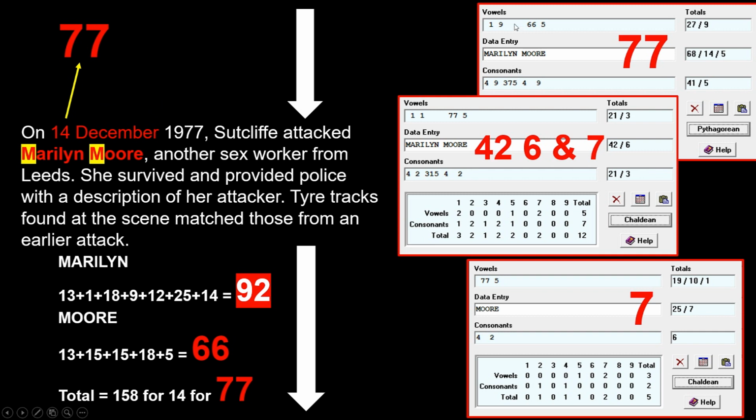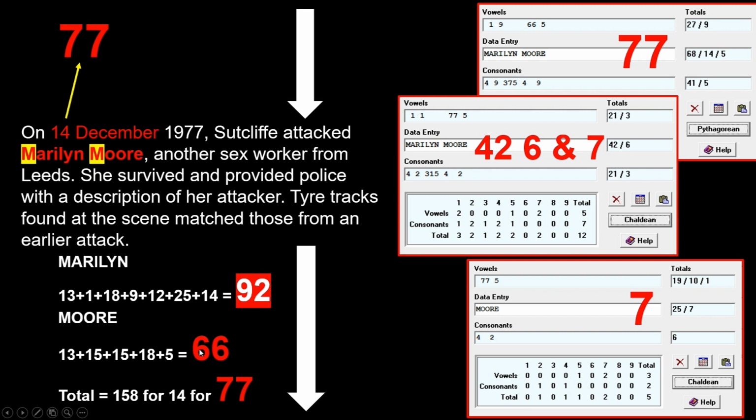Now let's take a look at some of the code here in the calculators. We've got Marilyn Moore in Pythagorean giving us 68 for a 14 for two 7s for 77. In Chaldean, Marilyn Moore is 42 again. We've seen that. And a 6 and a 7. And Moore in Chaldean is 25, for 2 plus 5 for a 7. Also, Marilyn in English gives us that 92 number again.